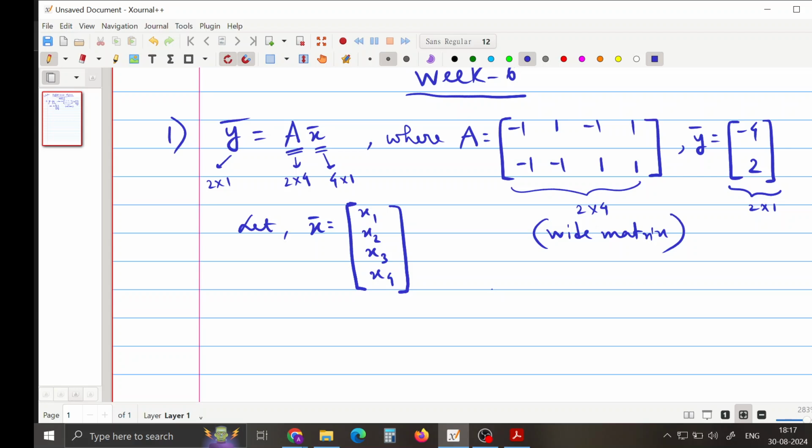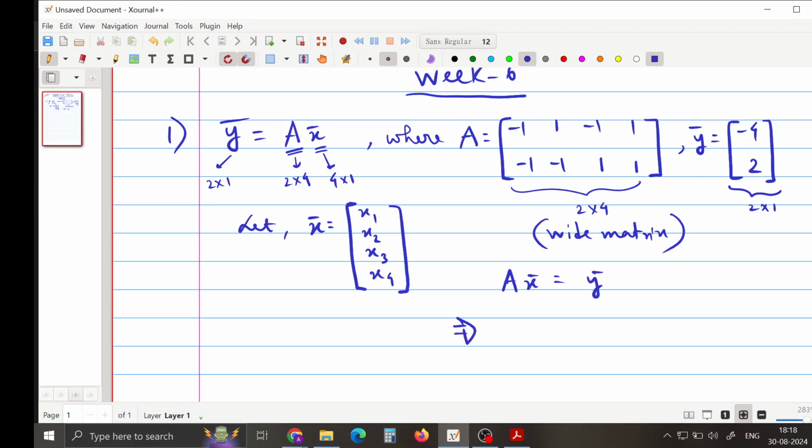So how many equations will be there? There will be 2 equations, right? There are 2 rows of this matrix. So the first equation will be, I have A x bar equals y bar.